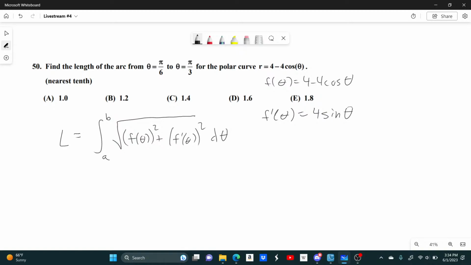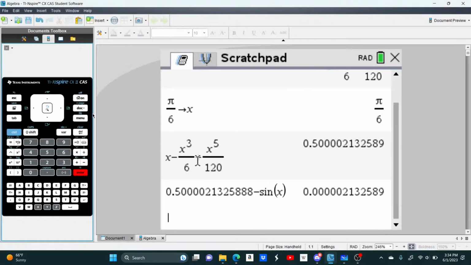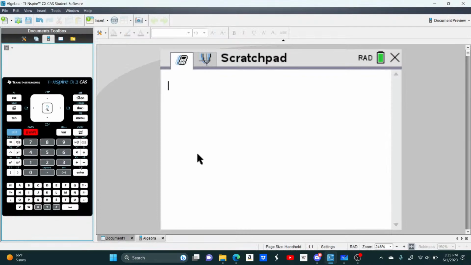And so when you're calculating arc length, from alpha to beta would be from pi over 6 to pi over 3 of the square root of 4 minus 4 cosine theta squared plus 4 sine theta squared d theta. Make sure you're in radians. I've probably said that like 12 times at this point, but it's worth saying.